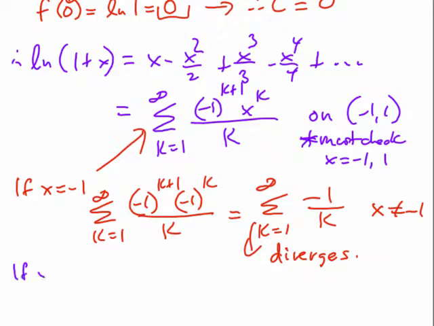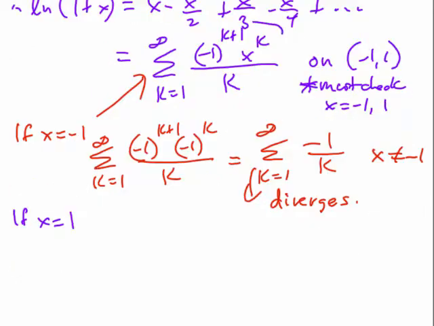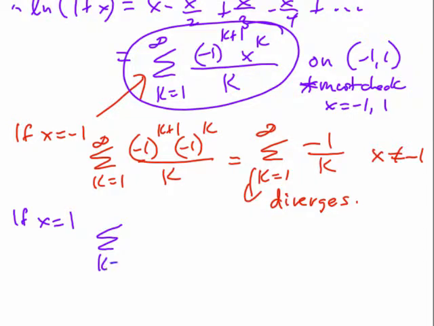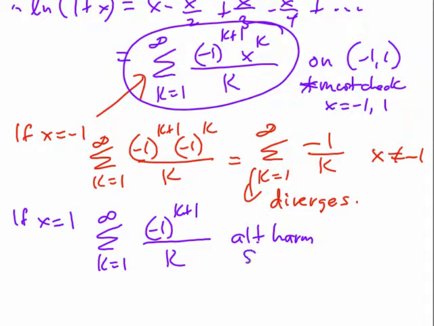Let's now check the other endpoint 1, plugging back into our series to get a series of constants. 1 to the k will be 1, so it'll just be that. And this will be the alternating harmonic series, which I know converges.